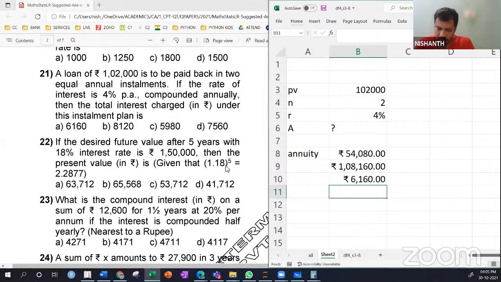Sir, we need to find out present value, no, sir. If the desired future value after 5 years, 18% is 150, then the present value is... Okay, sir. But is it an annuity problem or a non-annuity problem?